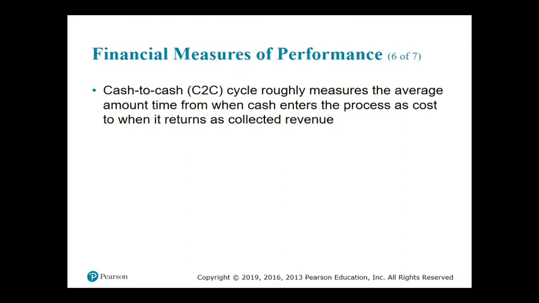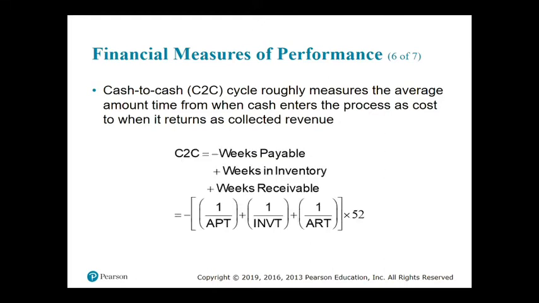Another measure is cash to cash cycle. So this is measuring how quickly the cash that enters the process as cost will be returned as collected revenue. So this cash to cash cycle has three components.